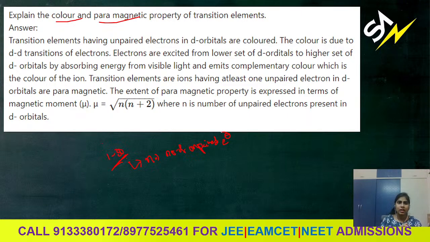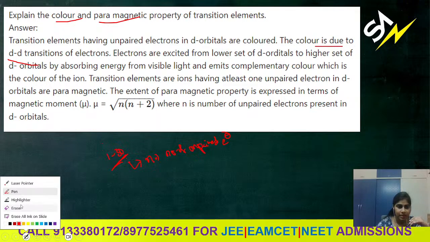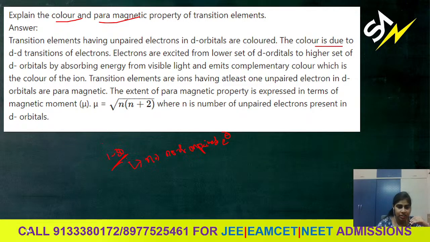As per the question, you need to explain first about the color formation in transition metals. How is color formed in transition metals? The color is formed due to d-d transition of electrons. What is d-d transition? Electrons are excited from the lower set of d orbitals, that is from the ground state, to a higher set of d orbitals, that is the excited state, by absorbing energy from visible light.